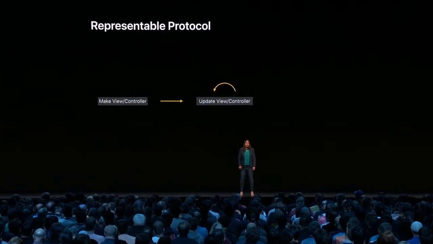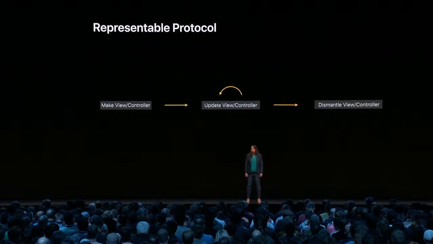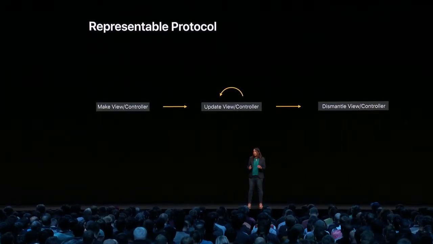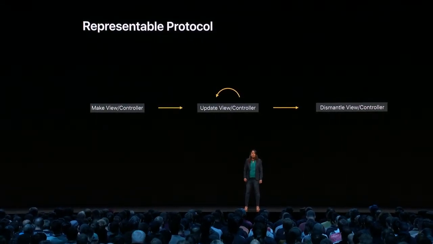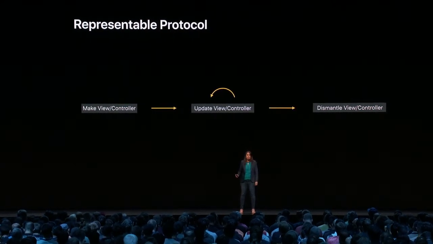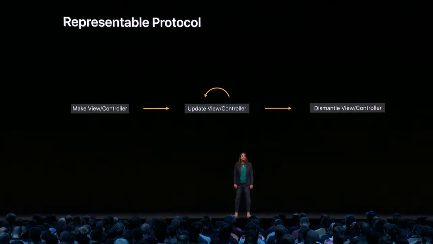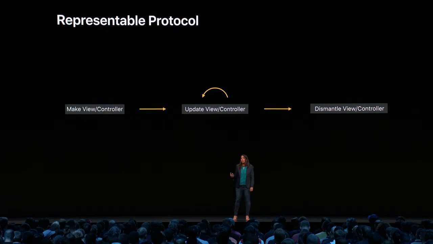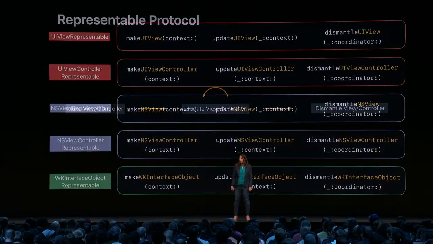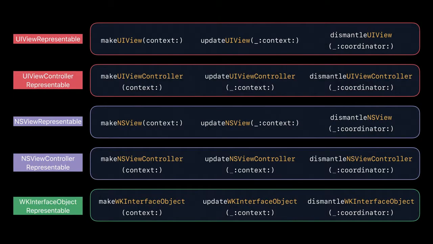Finally, we offer you an optional dismantle method where you can put any cleanup code that needs to run before your view or controller is removed. Let's now take a look at the Swift definitions of these methods. Notice that the make, update, and dismantle methods look and behave similarly across frameworks.